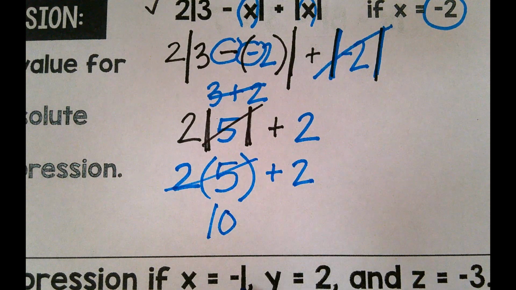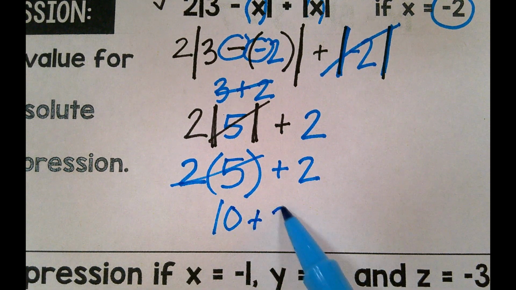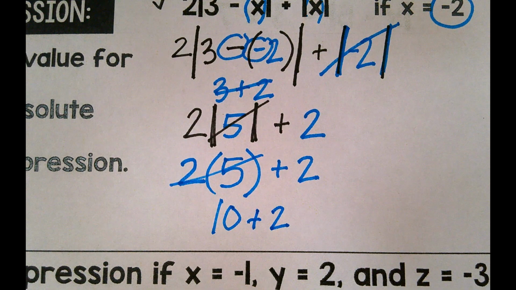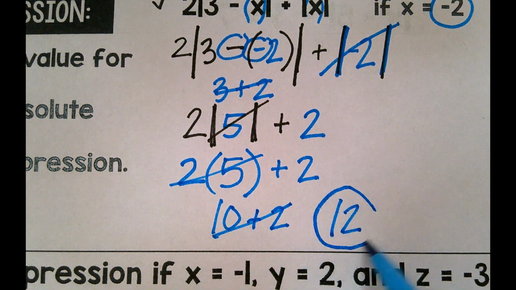Cross that out. Then bring the plus sign down and the 2. 10 plus 2 is 12, and that is our answer. That's an easy piece, right? Not too bad. Okay, and so that was step 3.